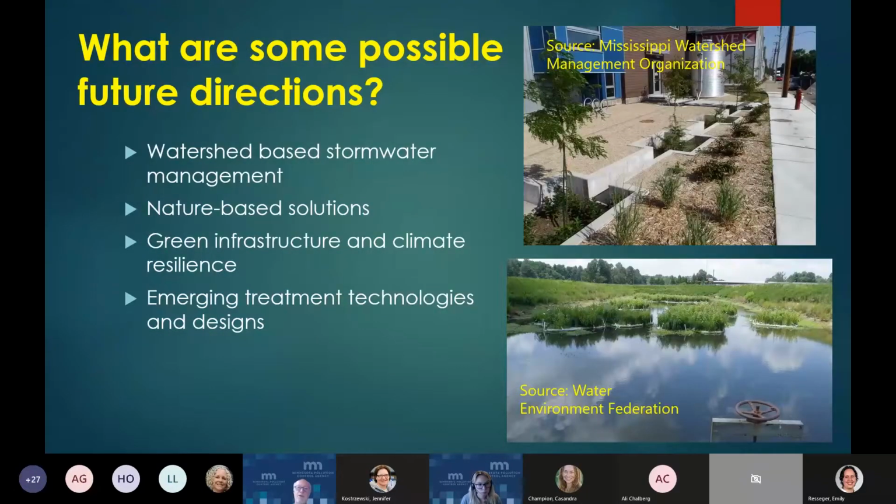Some of these big picture items aren't necessarily specific topics, but are themes that we're hopefully going to be working around and pointing towards in the future. The manual, when it first came out, was largely targeted towards engineering practices. How do we build something?